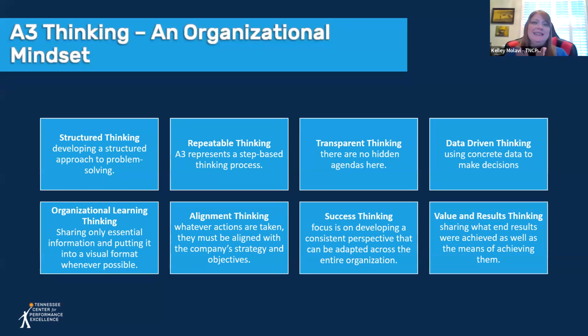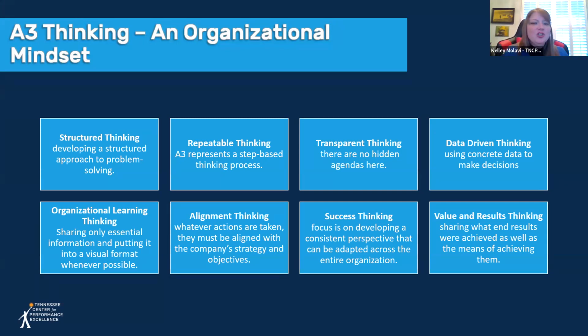We're going to use data to make very concrete decisions, not only at the beginning when we're building the problem statement, but also at the end to show the effectiveness of the actual changes that have been made. There's a lot of organizational learning that goes on.